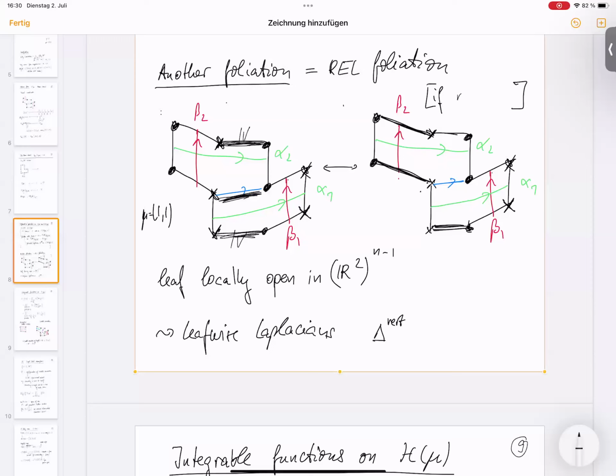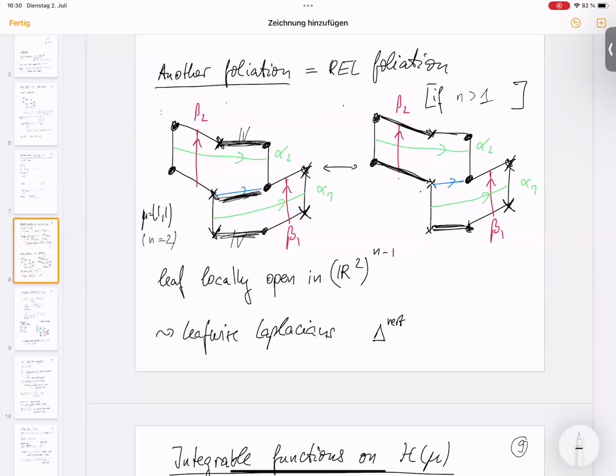So at least if n, the number of zeros of the stratum, is larger than 1, which is the case here, n equals 2. We have 2 zeros in that stratum. Then there is another foliation by relative periods. That's why it's called the rel foliation. We move the relative periods while keeping the absolute periods constant.